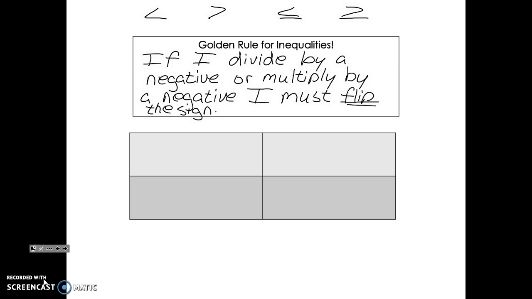So the key here is I've got to flip the sign. So if I divide by a negative or multiply by a negative, I must flip the sign.